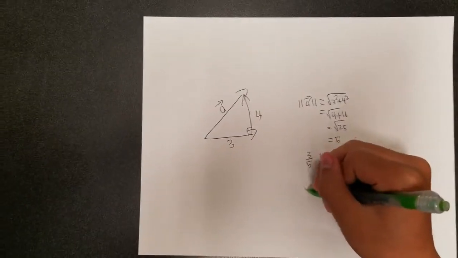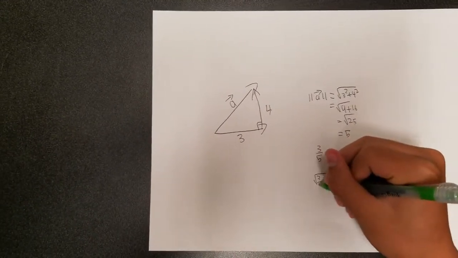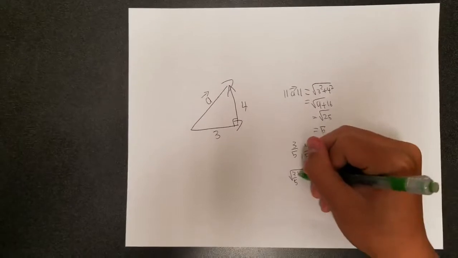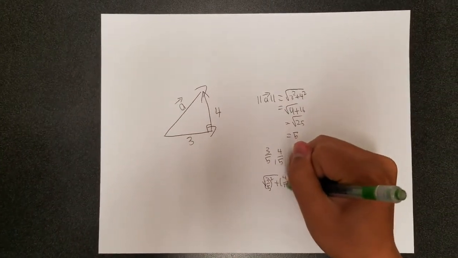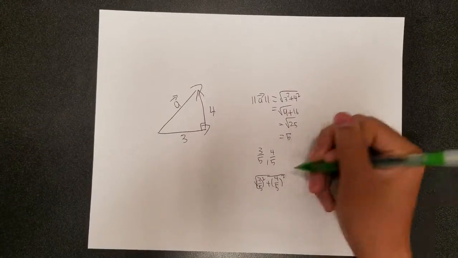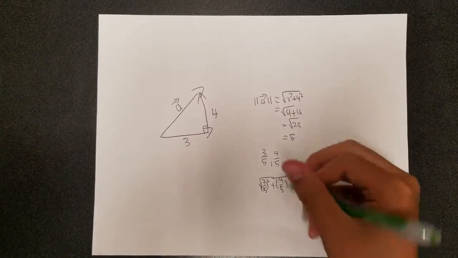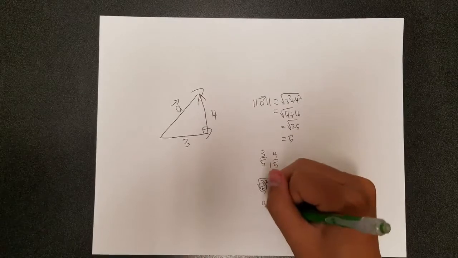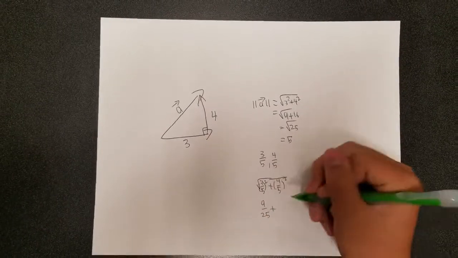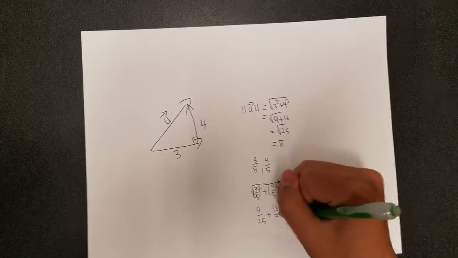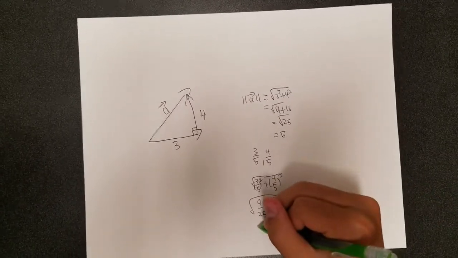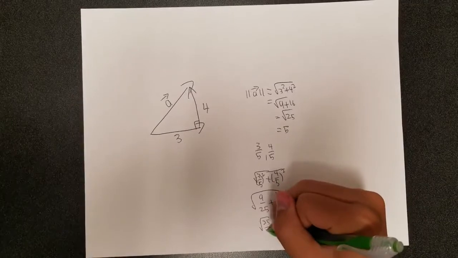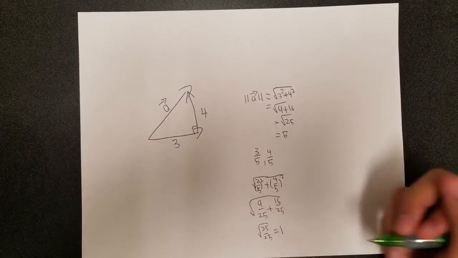So we do the square root of 3 over 5 squared plus 4 over 5 squared, which would become 9 over 25 plus 16 over 25, square root, which would equal the square root of 25 over 25, which equals 1.